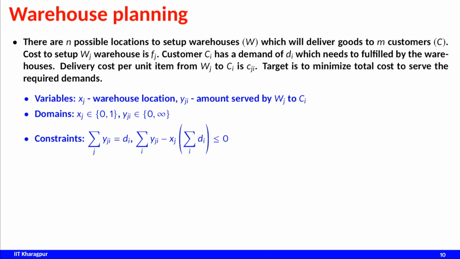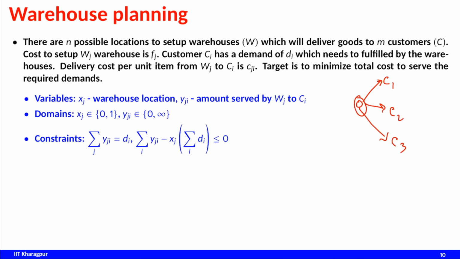So what does this actually mean? You have yji and you are summing over i. That means how many items you are actually producing, or how many items are being served by the jth location, because this location is serving customers C1, C2 and so on.